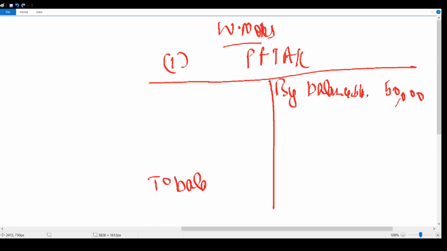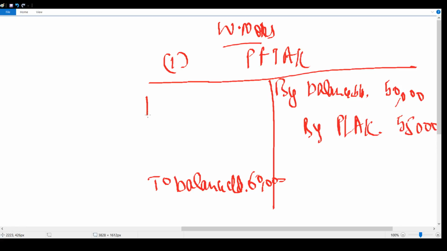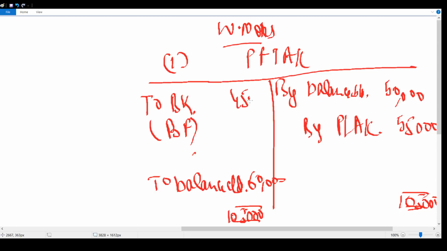To balance carried down 60,000. By profit and loss account, it's rupees 55,000. So here the balancing figure would come to bank, the balance that would be paid off. Balancing figure, 1,05,000 is the total. 45,000 is the payment of tax.